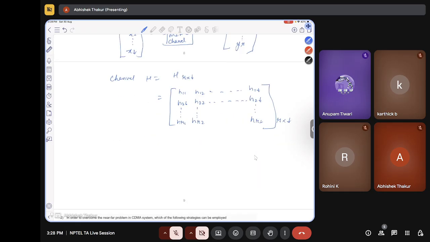So the complete MIMO system we can represent as Y1, Y2, and so on. This is the received symbol, and the dimension is R cross 1. There are lots of questions based on dimensions also, so we will figure out the dimensions as well. And the channel matrix is H11, H12, H1T.